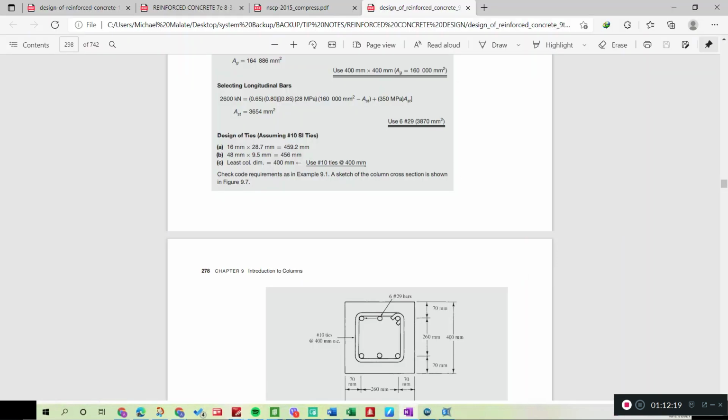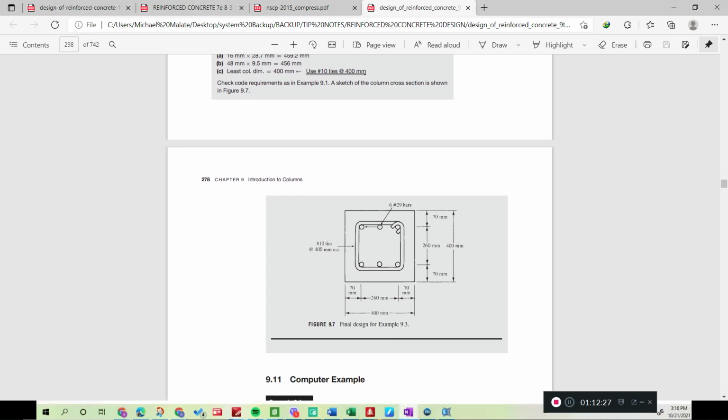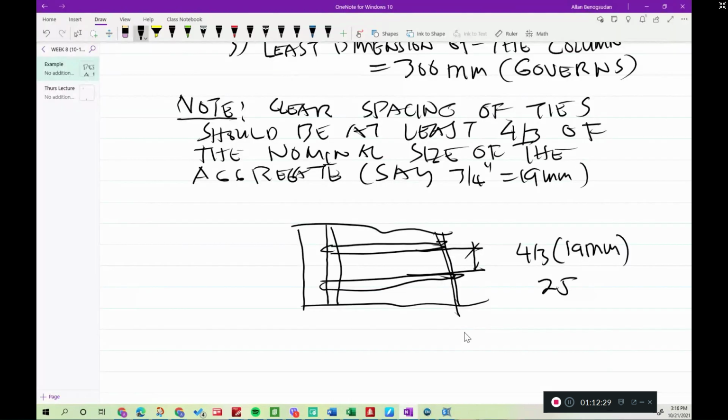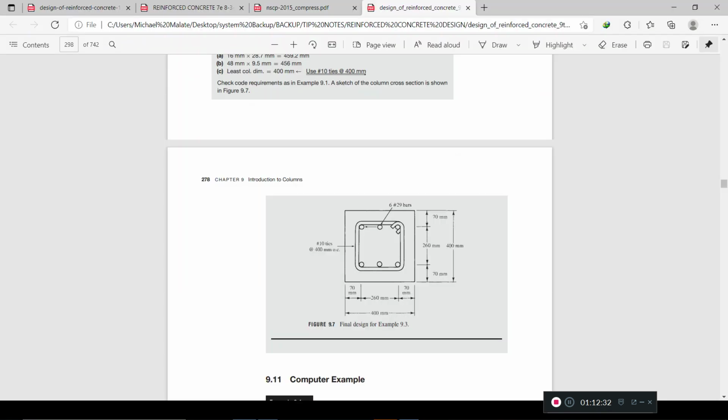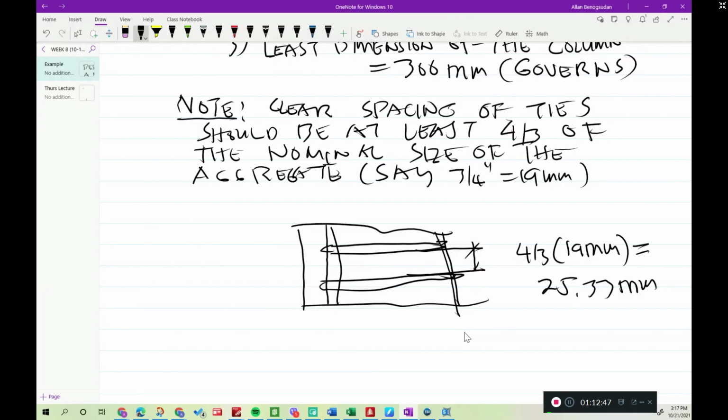Should look like this. Clear spacing. The 4/3 of 19 mm is equal to 25.33 mm. Just to show to you the note. Of course, 300 mm is greater than that. So we will say therefore 300 mm is okay.